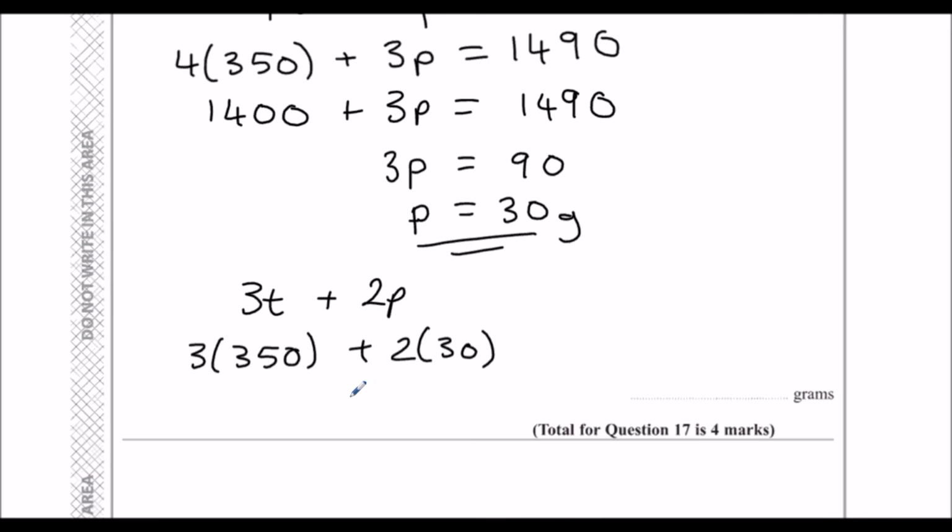So 3 350s, 3 300s is 900, 3 50s is 150, so 900 plus 150 is 1,050. 2 30s are 60, so I've got 1,050 plus 60, so 50 plus 60 is 110, plus the 1,000, 1,110 grams in total.